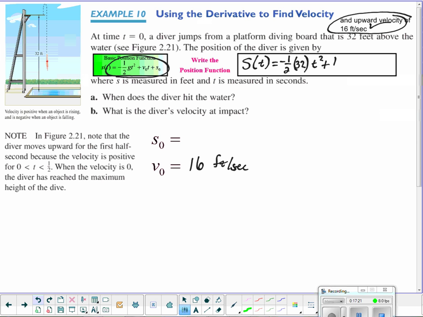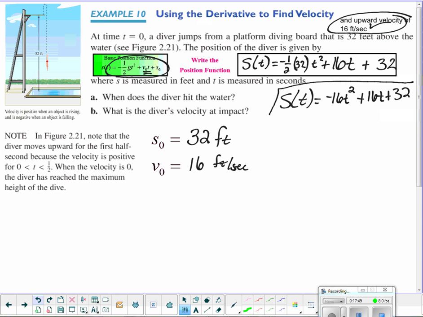That is the initial velocity, so 16t, because I go v naught times t. His initial position was a diving platform that was 32 feet in the air, so we'll have plus 32. Simplifying this position function, negative 1/2 times 32 is negative 16t squared plus 16t plus 32. Okay, let's hang on to that.